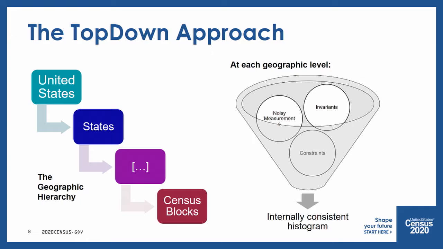At each subsequent level of the algorithm, that constraints ball gets bigger as it incorporates everything that had been determined for the geographic level above it. So you determine all of the individual state level histograms. Then you move down another level of the geographic hierarchy, and so on, until you get down to the individual census blocks. Once you've post-processed the individual census blocks, you have a fully formed histogram for the entire United States, geocoded down to the block level. That can then be converted back into microdata for tabulation.